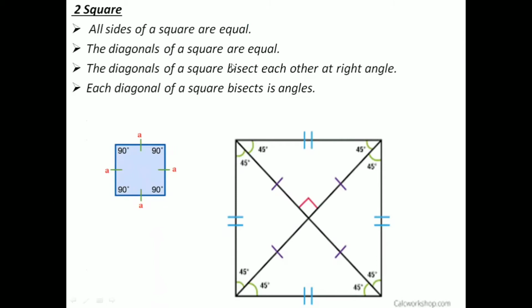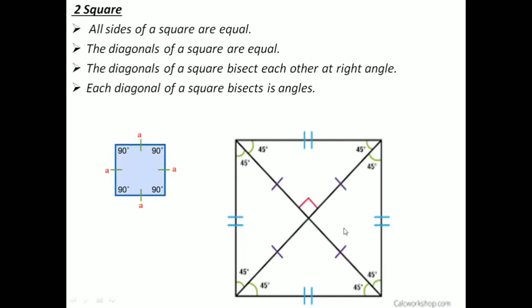The diagonals of a square are equal. When you draw the diagonals, diagonal means the line which joins the opposite vertices, and this diagonal and this diagonal length will be equal. Diagonals of the square bisect each other at right angle. Bisected means dividing into two equal parts.